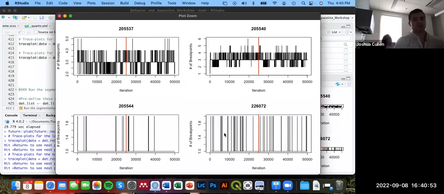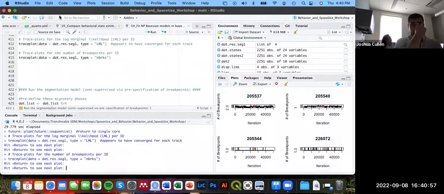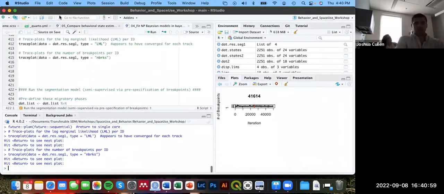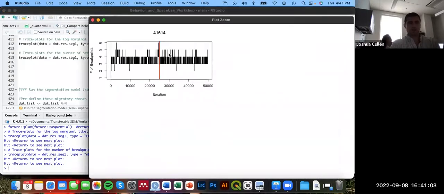So these are 2 resident individuals that aren't moving anywhere, whereas the first 2 are migrating, and then our last individual is also migrating, and shows that there's likely 3 to 4 breakpoints probably occurring.